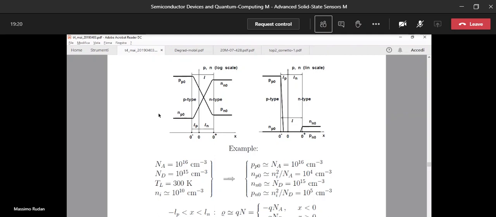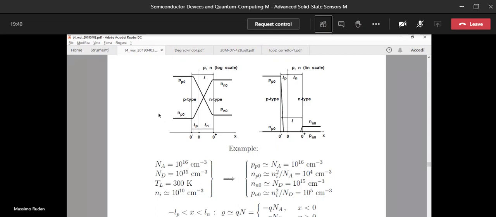Then we take the room temperature, so we remember that the intrinsic concentration in silicon is in the range of 10 to the 10th per cubic centimeter, okay? Now, you also remember that PP0 is practically equal to NA.